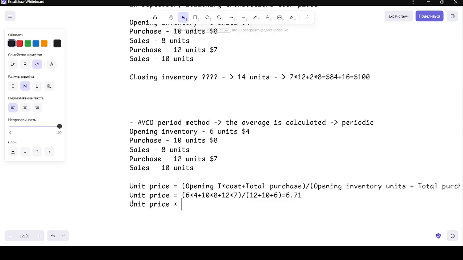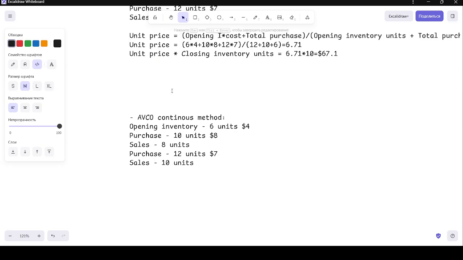Unit price times closing inventory units, that's it. 10 times 6.71 gives $67.1. I think this is also very easy.